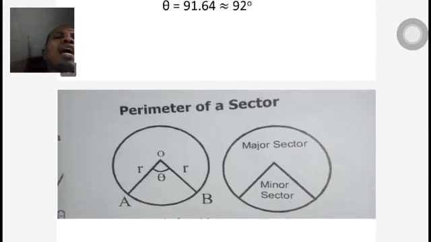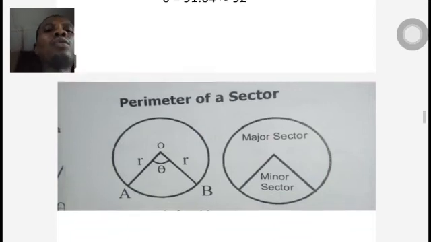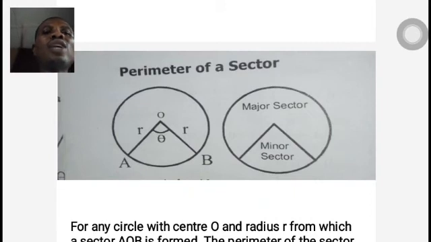Now we are moving to the perimeter of a sector. As I've said earlier, a sector is a region of a circle bounded by two radii and an arc of a circle. Now look at the first diagram here, the first circle.